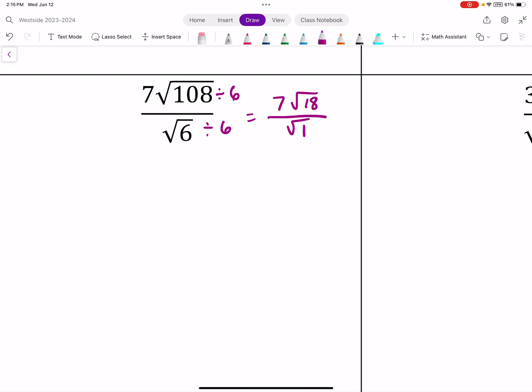So hopefully you're starting to see that radical 1 on the bottom is just 1, so we don't need to write it. So we would have 7 radical 18. So we can break up radical 18 into radical 9 and radical 2. So this would become a 3. So 7 times 3 gives me 21 radical 2 for my answer.